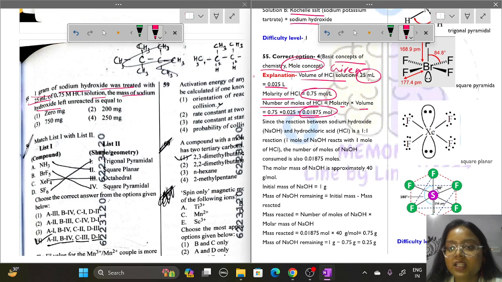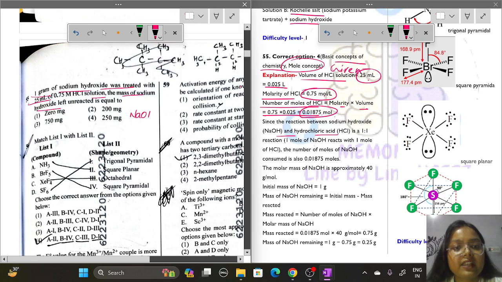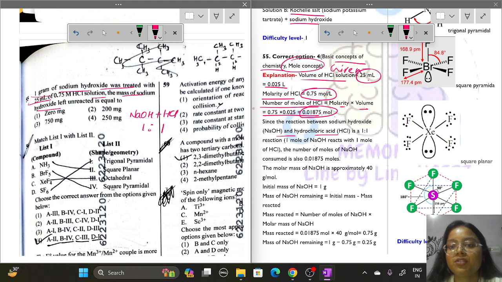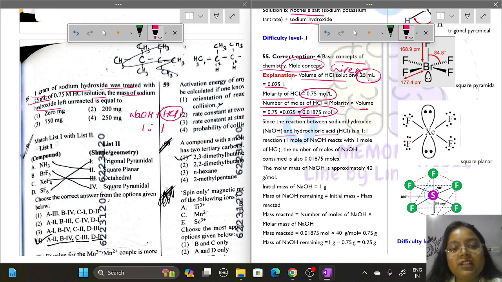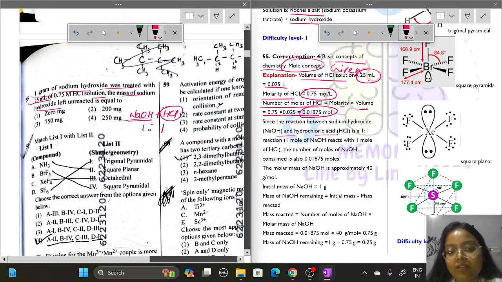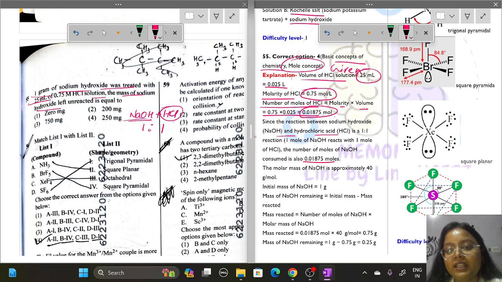Now, the reaction of NaOH and HCl happens in 1:1 ratio. So if the number of moles of HCl is 0.01875 and both are equal in ratio, then the number of moles of NaOH will also be 0.01875, right? You are getting it now?